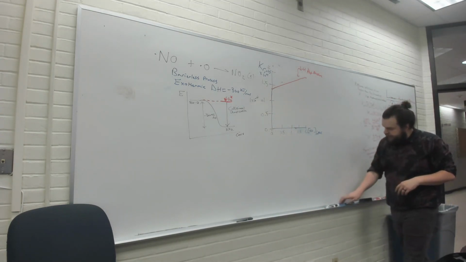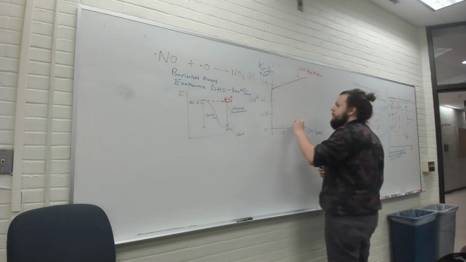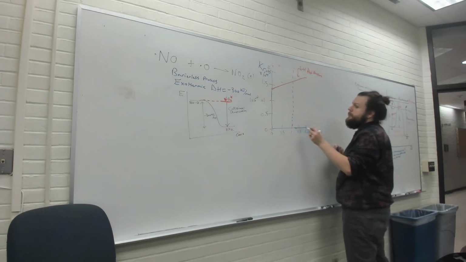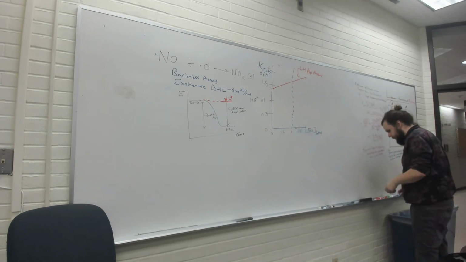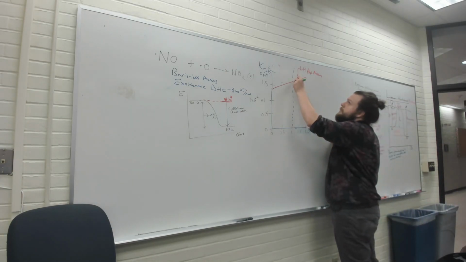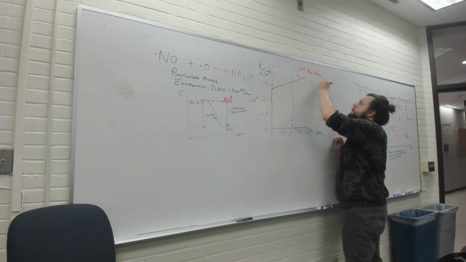But what you see, I'm going to draw a vertical line here. What you see experimentally, I'm going to draw the experiment in a different color that isn't being used yet, so we'll do it in green.